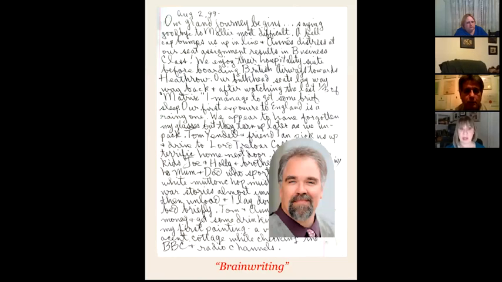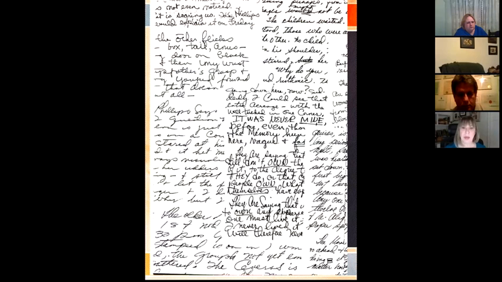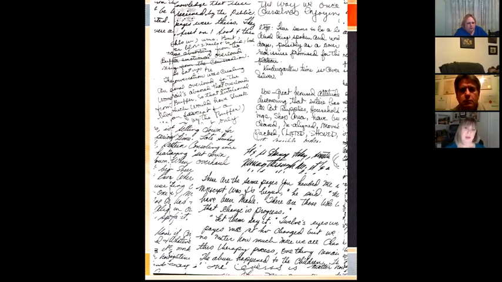I mean, do we agree? Does it look like the same person? So it's all about brain writing. How about these? Or this? Could this have all been written by the same person?